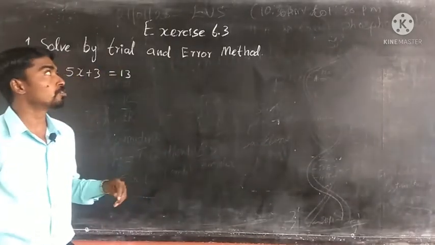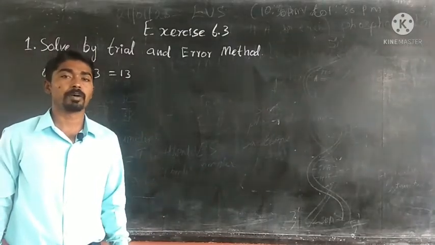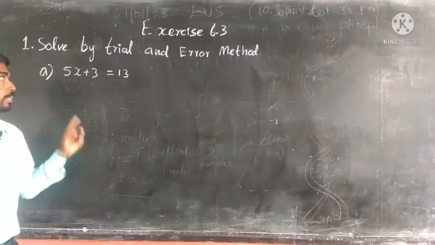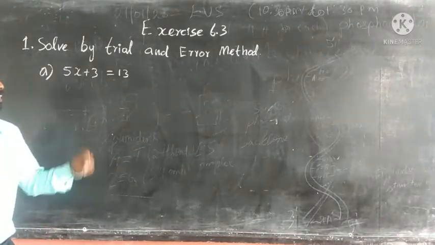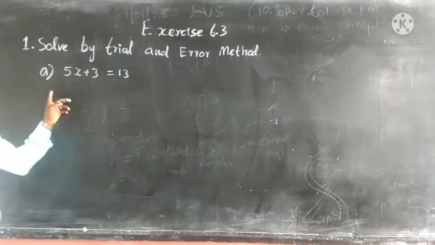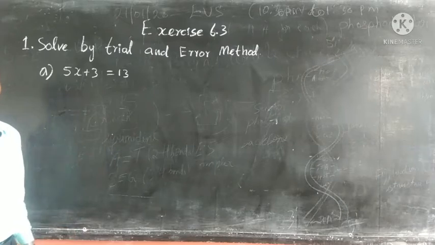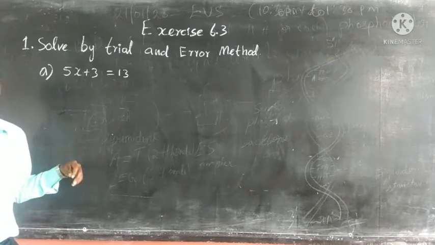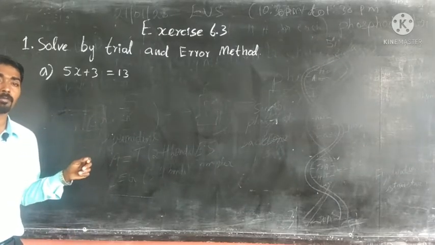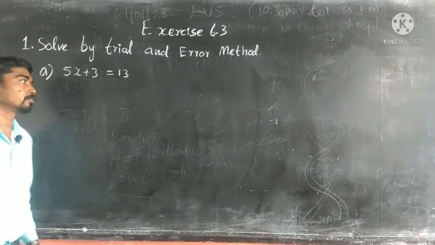Now we are going to solve some problems from exercise 6.3. First question, solve by trial and error method. First equation, 5x plus 3 is equal to 13. Here we are going to substitute some values in place of x.